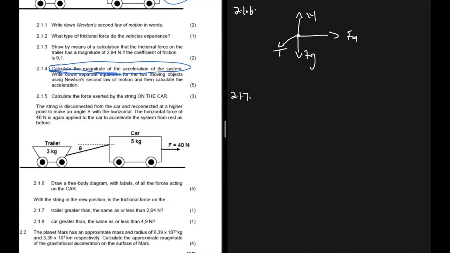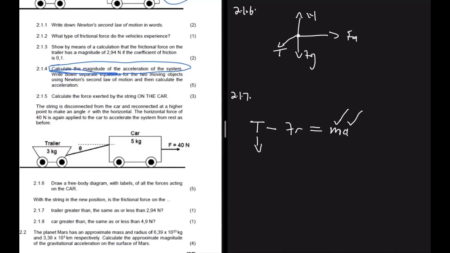We have T for tension minus the friction equals mass times acceleration. The mass is the same, the acceleration is the same. Now the tension has gone down because it's now at an angle, but we still need the mass and the acceleration to be the same.